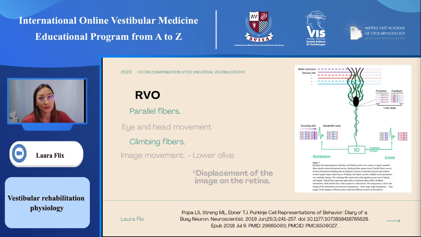The thing is that in the cerebellum, the parallel fibers will carry information to the Purkinje cells about eye and head movements, and the climbing fibers will carry information about the image movement that comes from the inferior olive. And finally, this interaction of information and the displacement of the image on the retina, when the stabilization is not good, will give enough feedback to improve this through these cells.